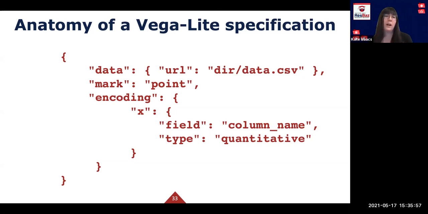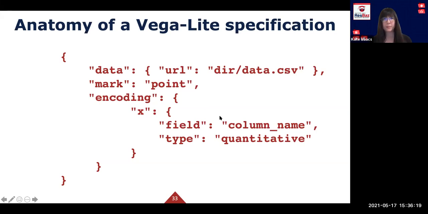That tells you which column is going to be encoded to X. And then type tells Vega-lite what kind of attribute or field am I looking at? Is it quantitative, ordinal, or nominal? And with that alone, Vega-lite is going to try its best to generate a chart with good defaults.